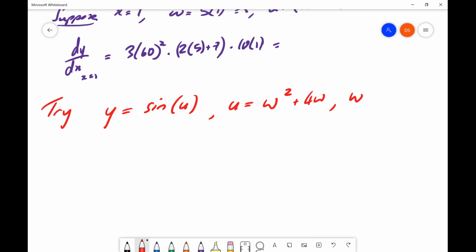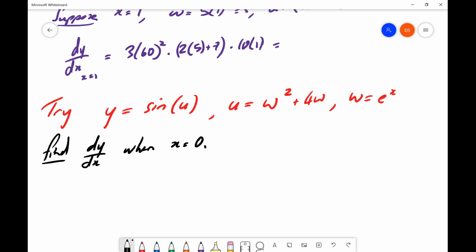And then let's make w is equal to e to the x. All right. And question is, find dy by dx when x is equal to 0. Go.